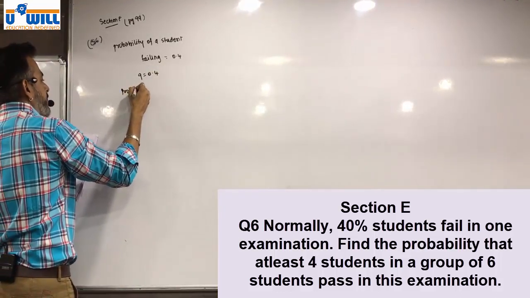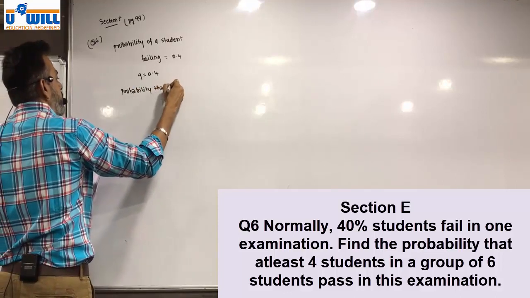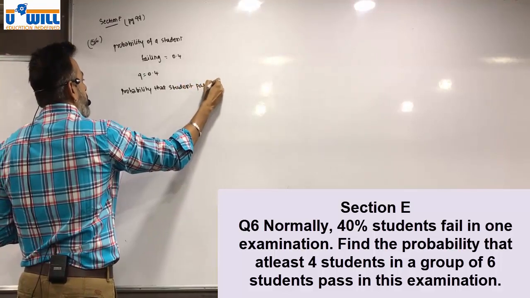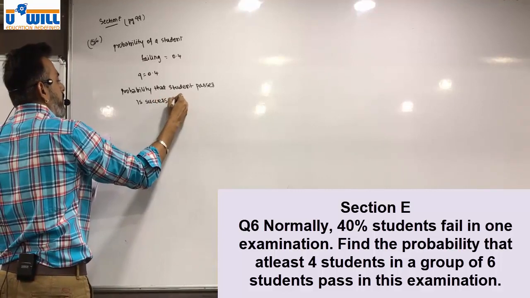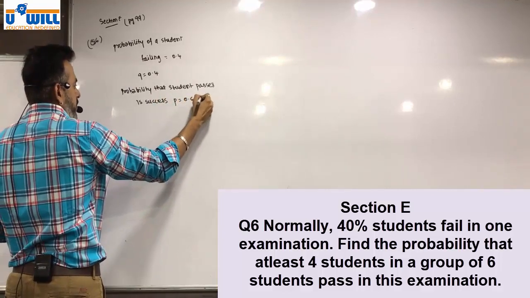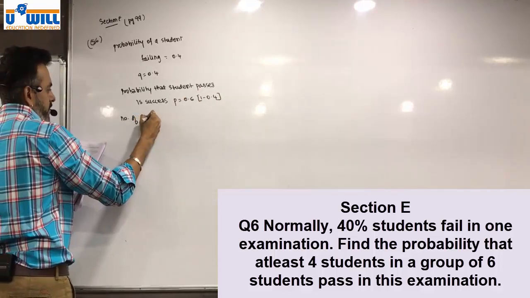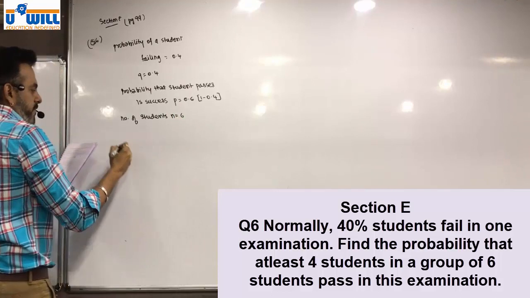Probability that a student passes is success for us. So P is equal to 1 minus 0.4, which is 0.6. Number of students, N is equal to 6.